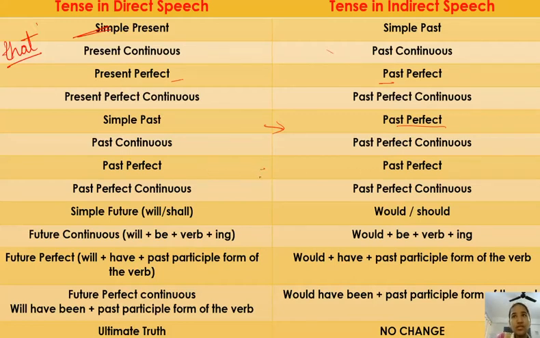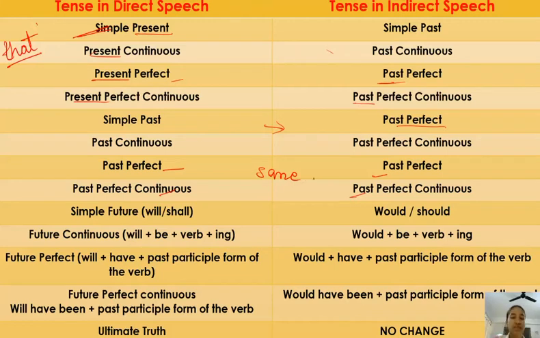So here you see no changes. Past perfect stays past perfect, and in the same way past perfect continuous stays past perfect continuous. So you might see all the present tenses are changed into their respective past forms: simple present to simple past, present continuous to past continuous, present perfect to past perfect, present perfect continuous to past perfect continuous.